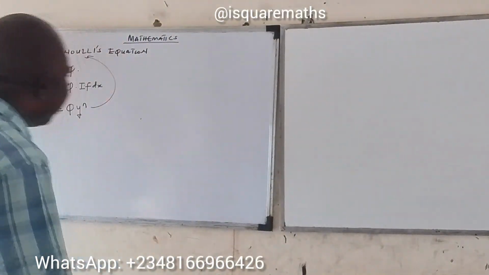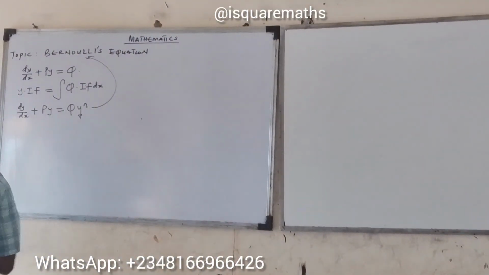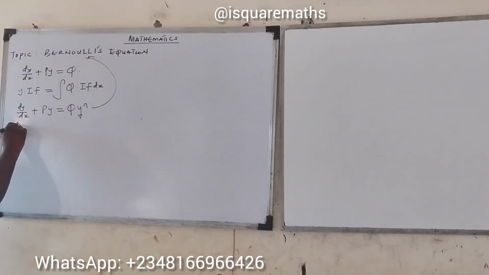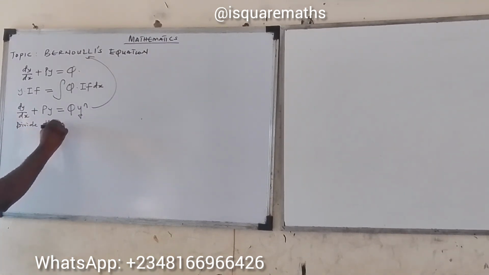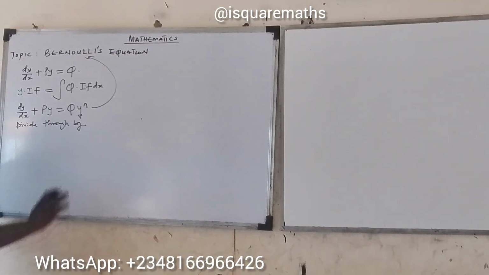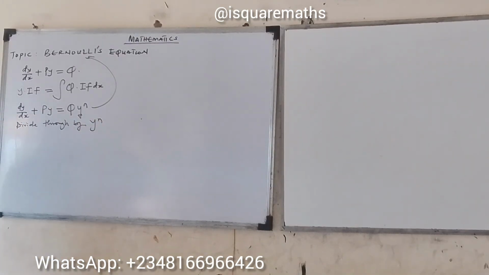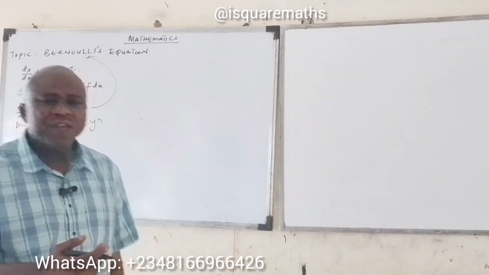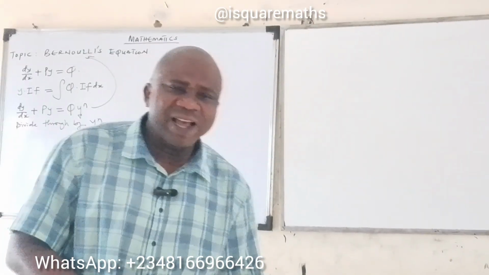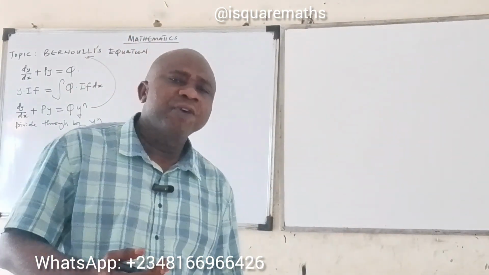Now, in this case, to analyze this equation, the first step is to divide through by the coefficient of q. As you can see here, the coefficient of q is y raised to the power of n. So it means we are dividing both the left-hand side and the right-hand side by y raised to the power of n.